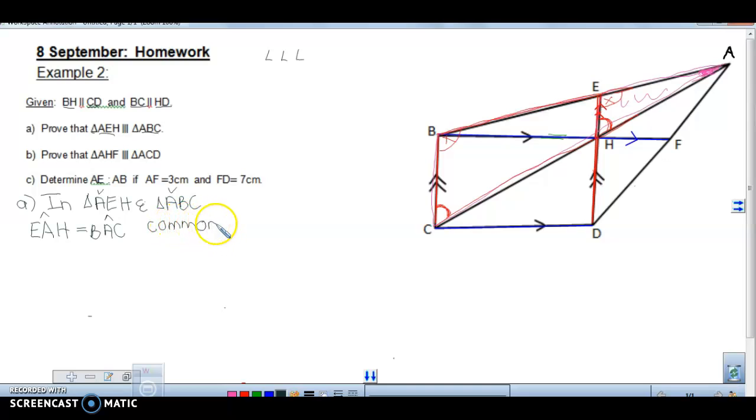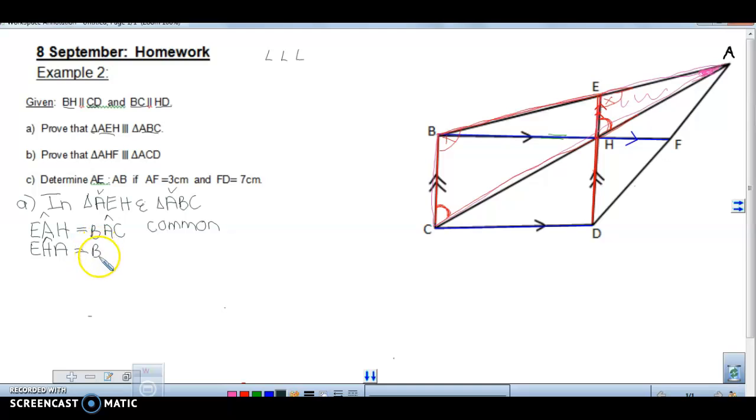I've got that one. So let's write for this one and this one. This angle is formed from E to H to A. So let's do EHA. And there's my vertex, is equal to BCA or BCH.